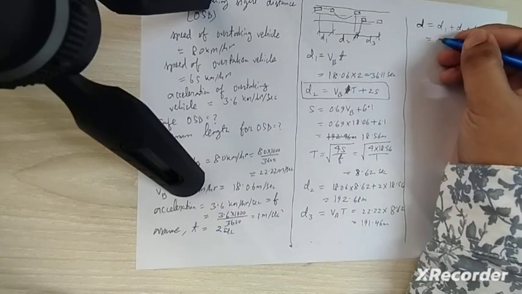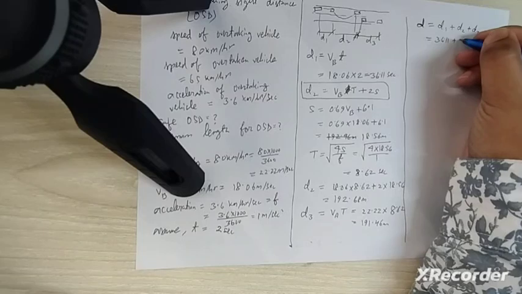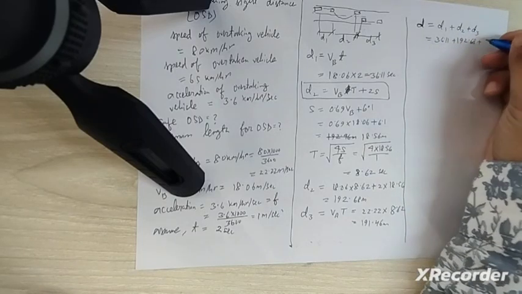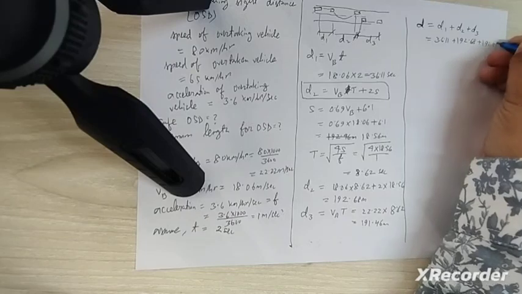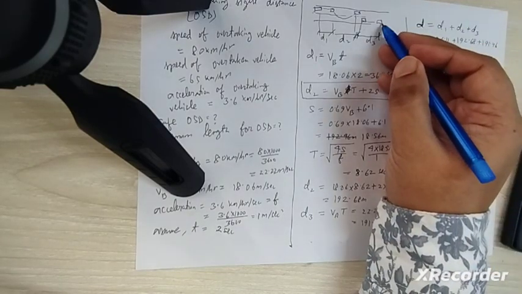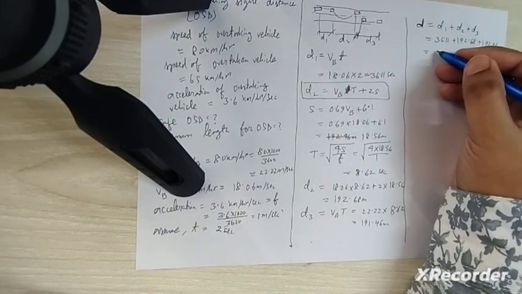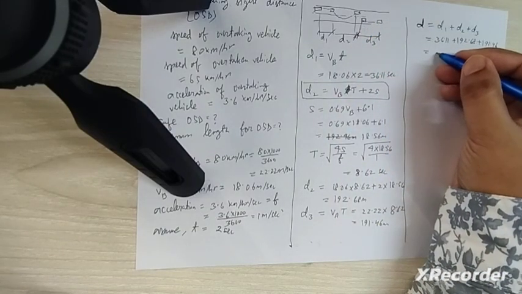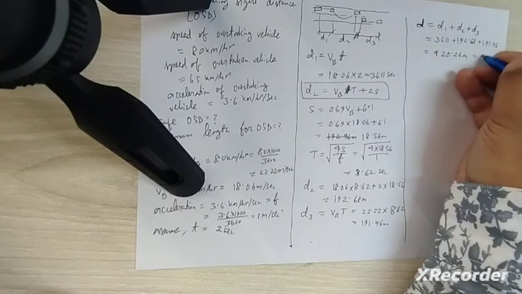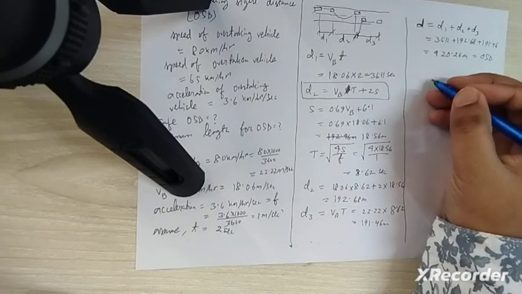We have to add all of these. D1 is 36.11, D2 is calculated as 192.62, and D3 is 191.46. D3 is the distance traveled by the vehicle in the opposite direction. So the sum of D will be 420.26 meter. This is the OSD, that is overtaking side distance.